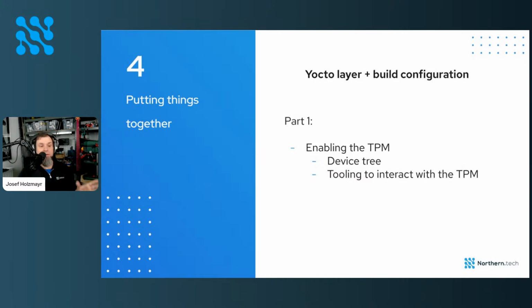So we have all the building blocks now, and we need to put it all into code that you can actually use later. So the first part, when you want the setup like this, is obviously you have to enable the TPM. And this is where it already gets a little bit icky occasionally, because the TPM is not something where you just set a flag, okay, give me the TPM.